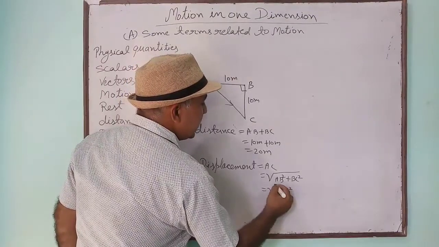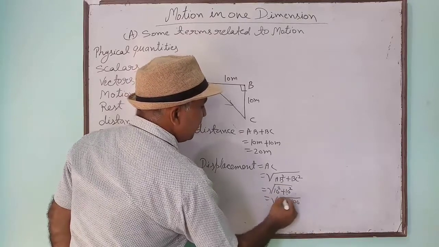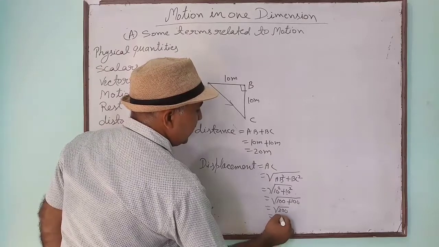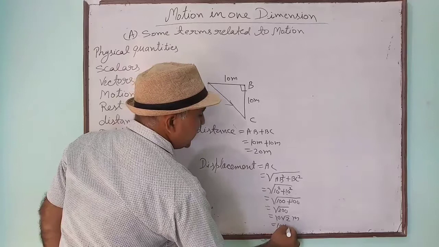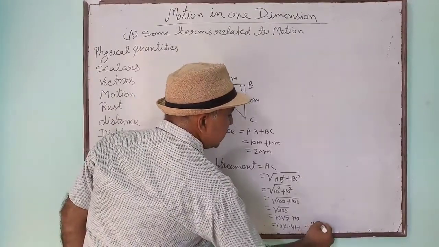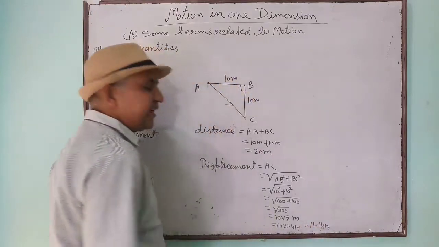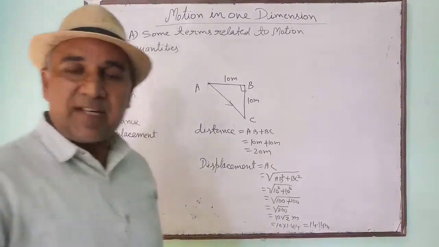Square root of 10 square plus 10 square, that means 100 plus 100, that is 200. If you solve it, it is 10 root 2 meter, means 10 into 1.414, that is approximately 14.14 meter. This is the process by which we can obtain the displacement.